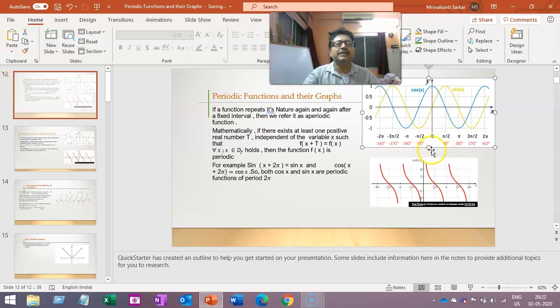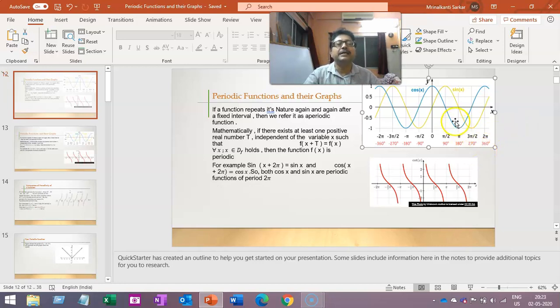Suppose I have taken the interval 0 to 2 pi or minus 2 pi to 0. For the sine function, the graph nature from 0 to 2 pi is the same as from minus 2 pi to 0. If you continue in this manner, 2 pi to 4 pi also will be repeated. So it is a periodic function of period 2 pi.